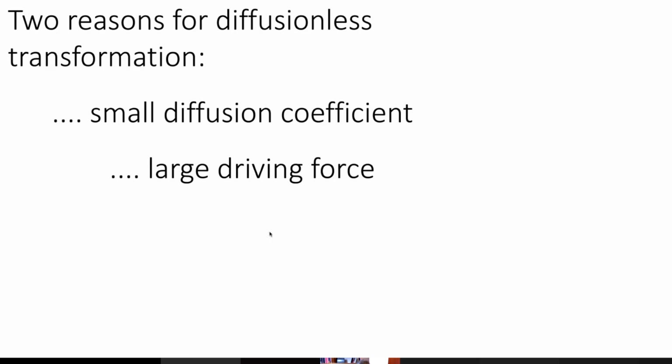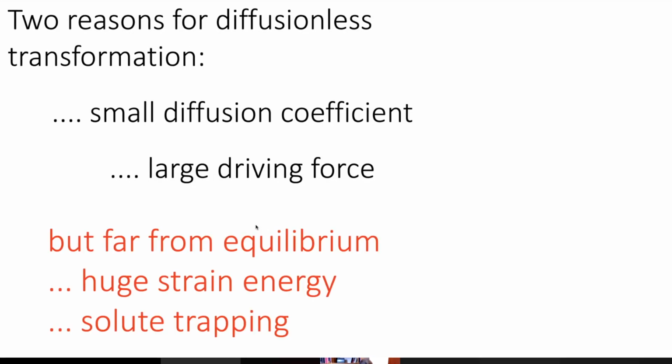And at the same time, atoms which don't really want to be inside the martensite will be forced to be in there because the velocity of the interface is very high. And we call that solute trapping. So martensitic transformations are going to be far from equilibrium because there's a huge strain energy associated with the deformation.